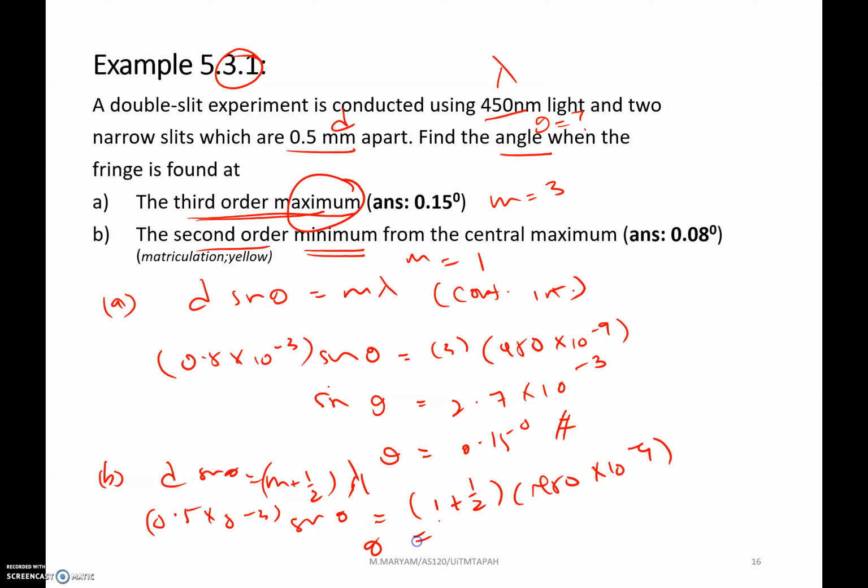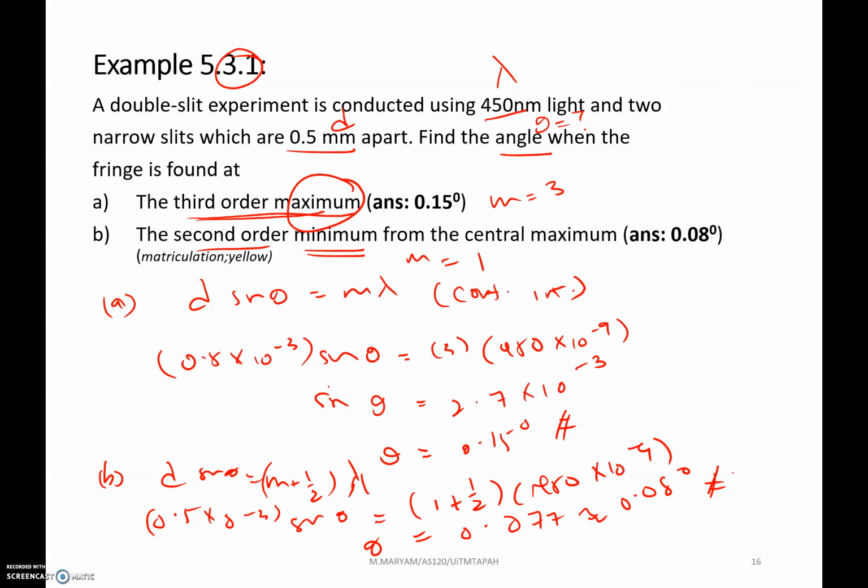I will immediately calculate this, and you will get 0.077, or equivalent to 0.08 degree.